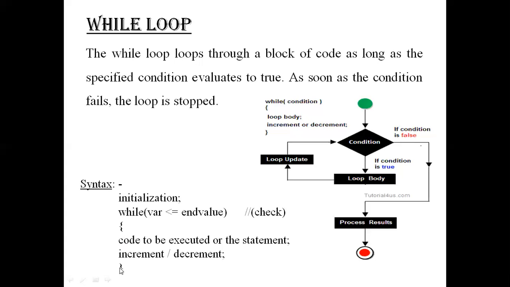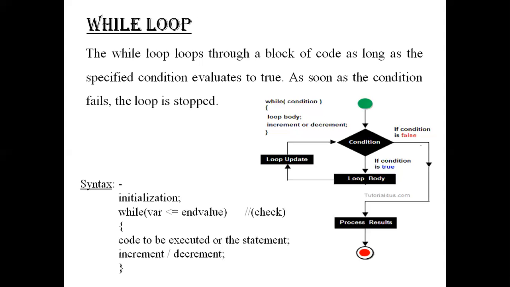And in the curly braces, you are writing the statement to be executed and the increment or decrement statement. So this is the syntax which has to be followed. Initialization first, then while, check, display, and then increment or decrement. Okay, so this is the syntax of it.